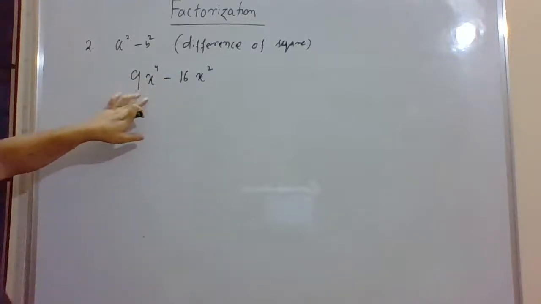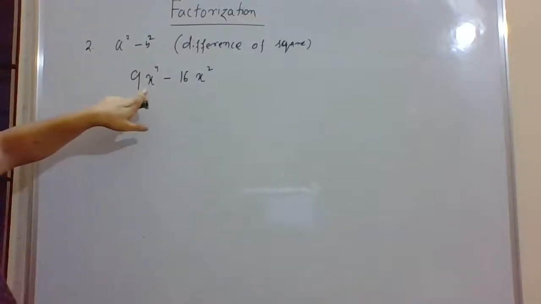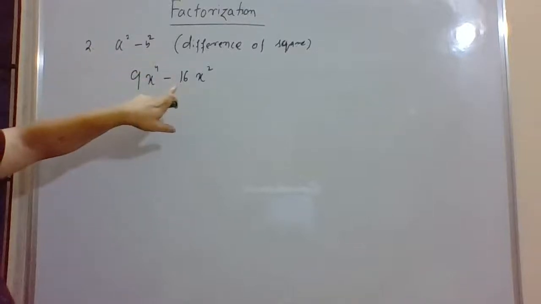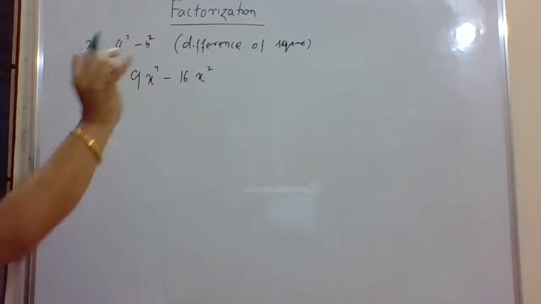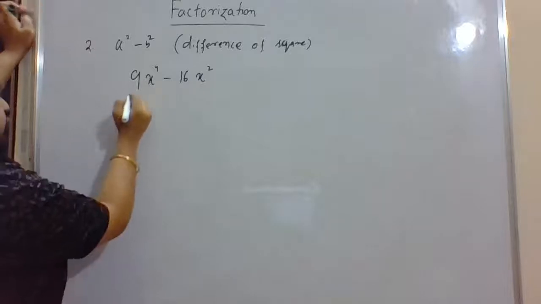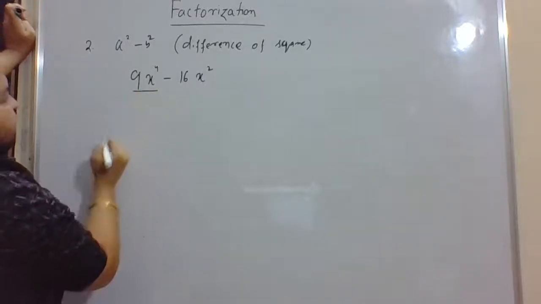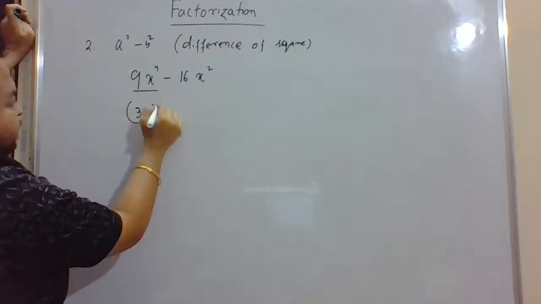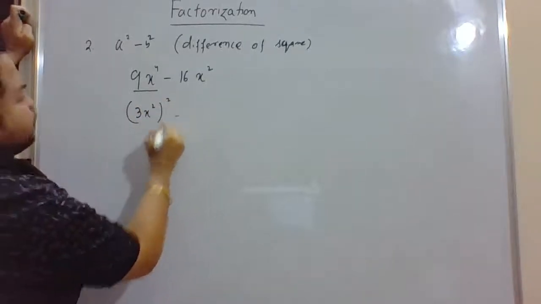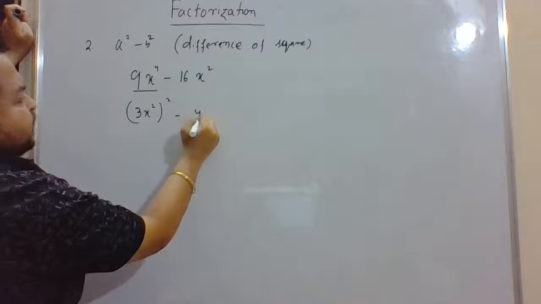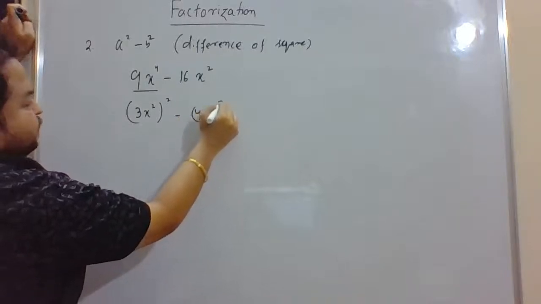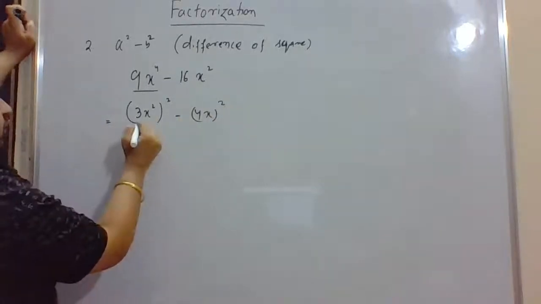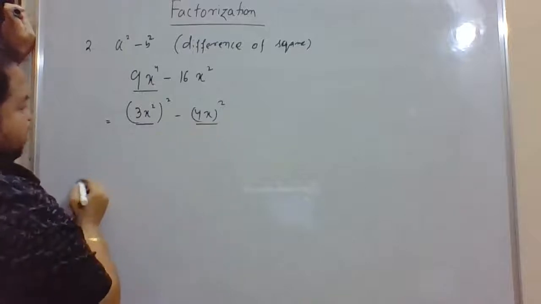But I can still write it as 3x squared, whole to the power 2. Suppose one student does it like this: this is nothing but 3x squared to the power 2 minus, this is nothing but 4x to the power 2. Okay, so I got an a squared minus b squared format.